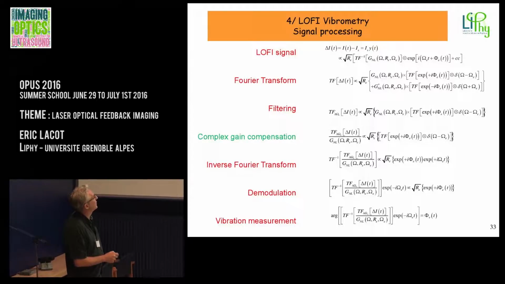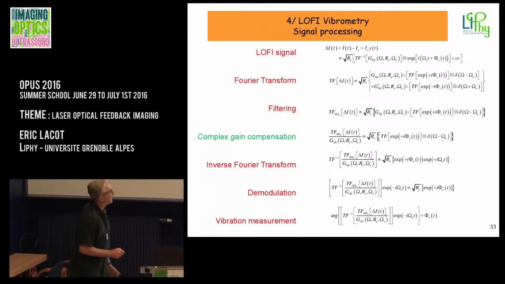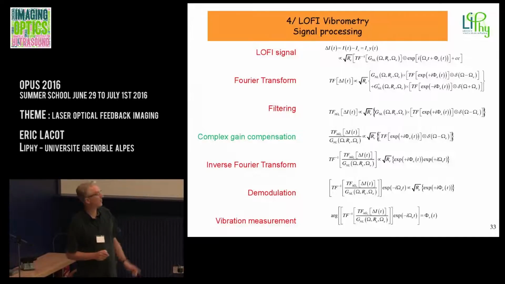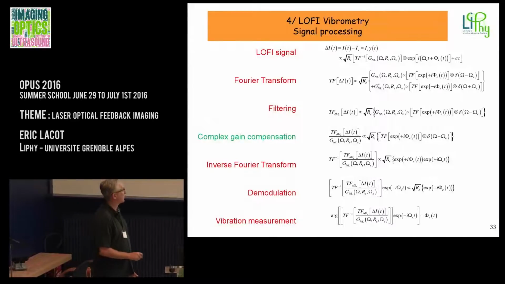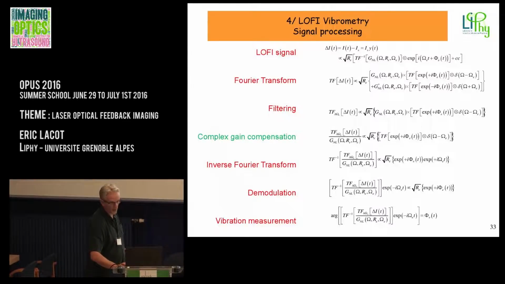So we go into Fourier space, where we only keep the right side of the Fourier spectrum in a small bandwidth around the frequency shift. The most important step is here: if we want to restore the good shape for the vibration spectrum, we need to divide the spectrum by the LOFI gain. After that we come back to the temporal domain, and there is a demodulation to remove the initial frequency shift. Finally, we are able to extract the vibration measurement, the evolution of the phase over time.